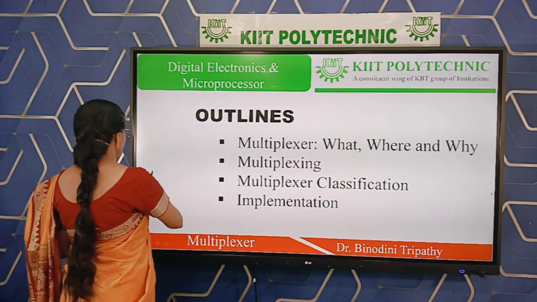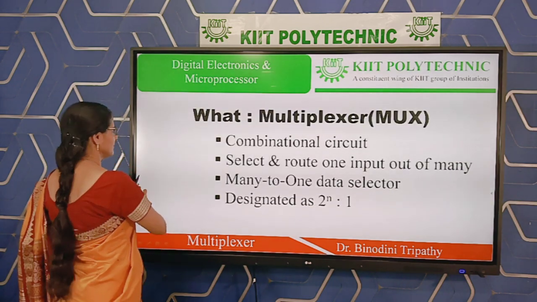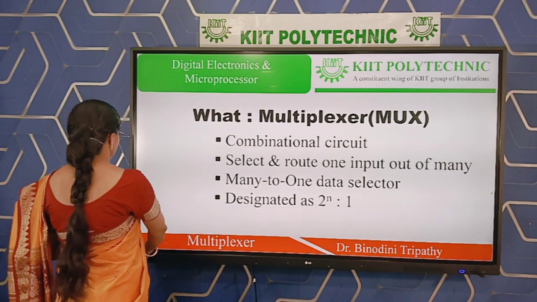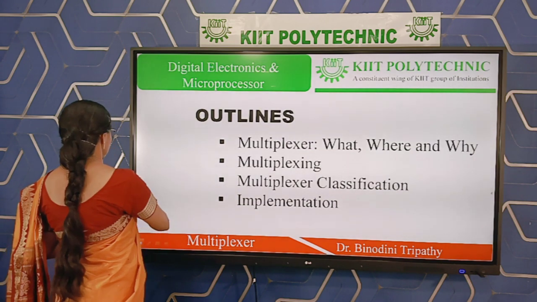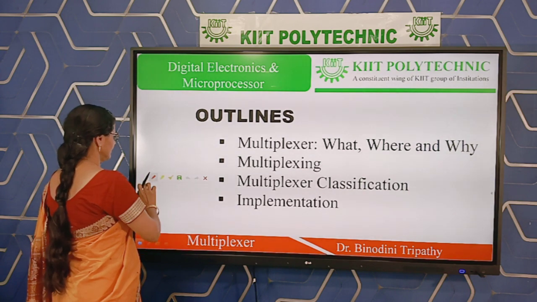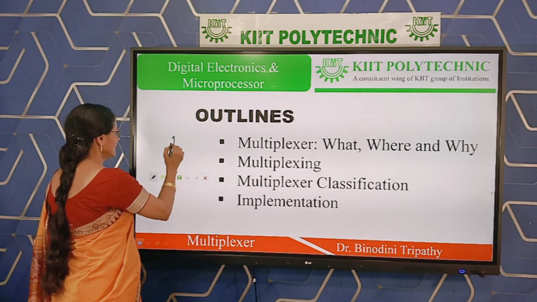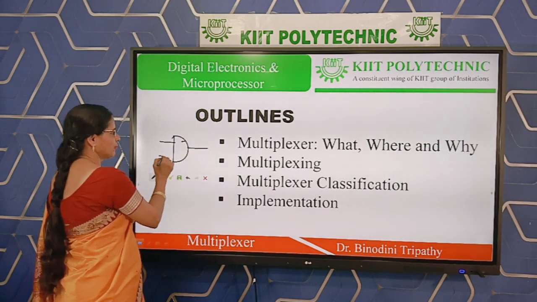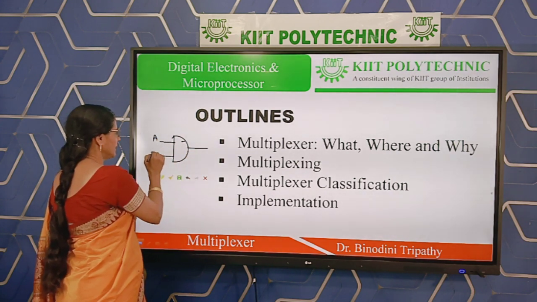Suppose you have a logic gate. Let this be your AND gate and it has two inputs, A and B.